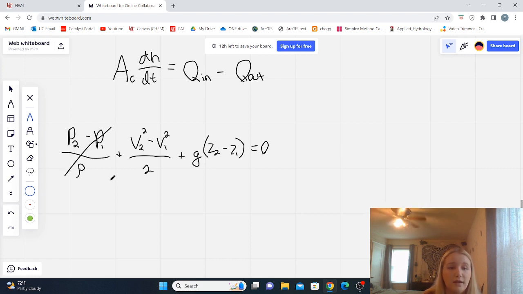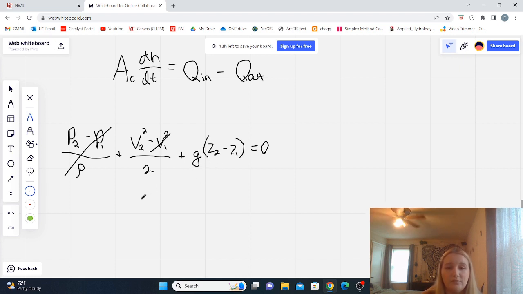Also, taking a look at our V1, we can assume that V1 is small enough that we can just go ahead and say that it's 0, so we can cross that out. And then looking at our potential energies, Z1 is going to have more potential energy than Z2. Because of that, that's going to end up giving us a negative GH.